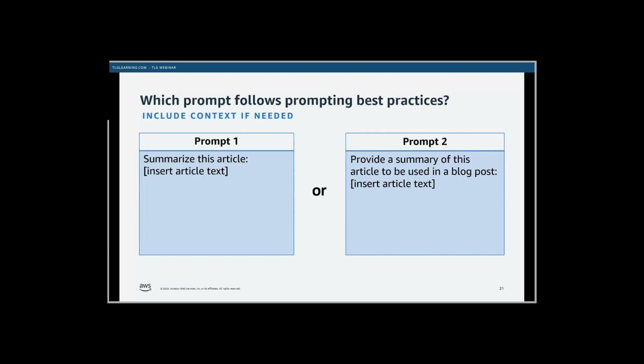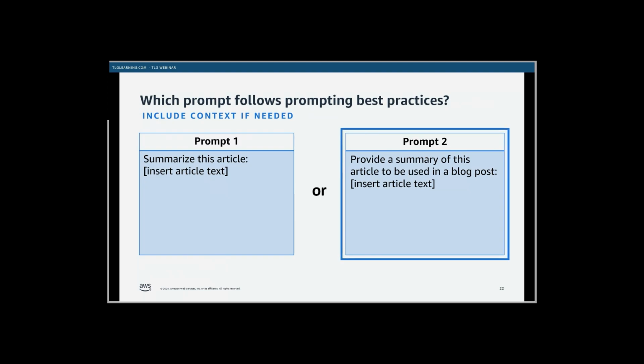Next best practice, include the context if needed. Which prompt demonstrates including context? You made your choice. If you chose prompt two, then you're correct.